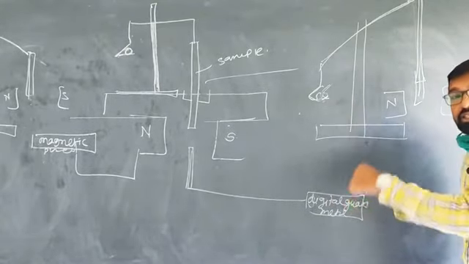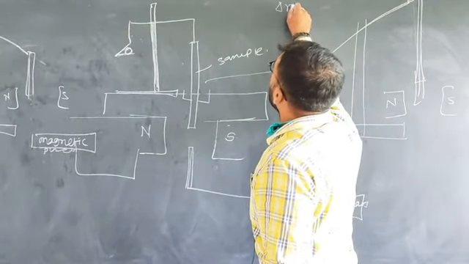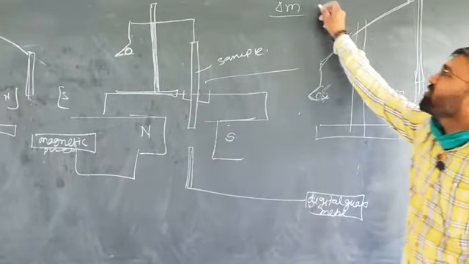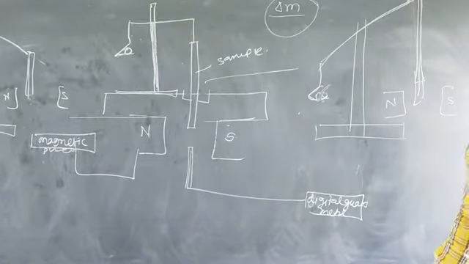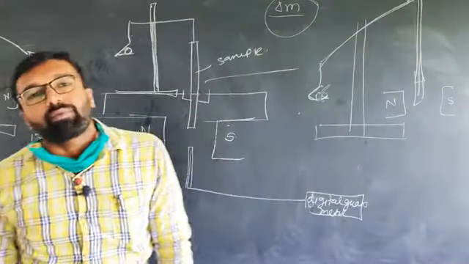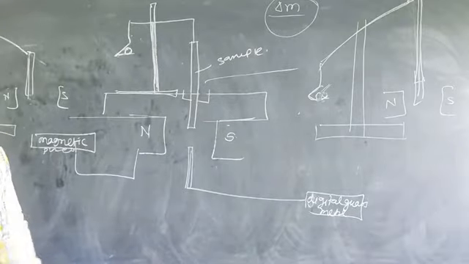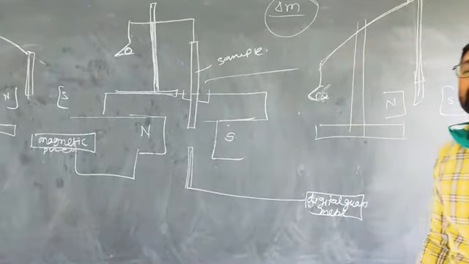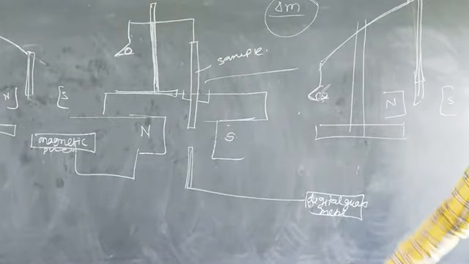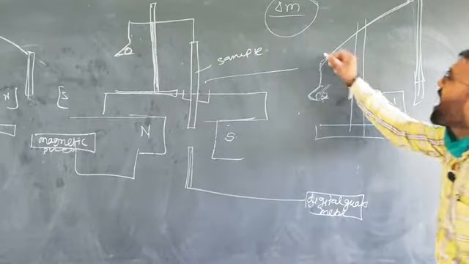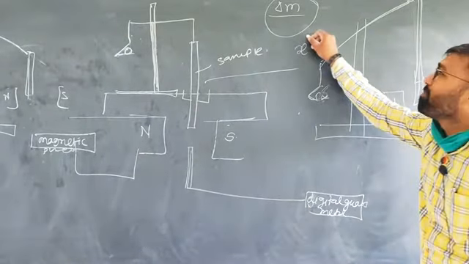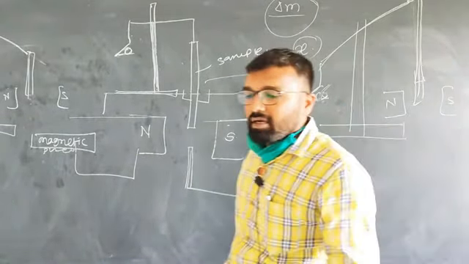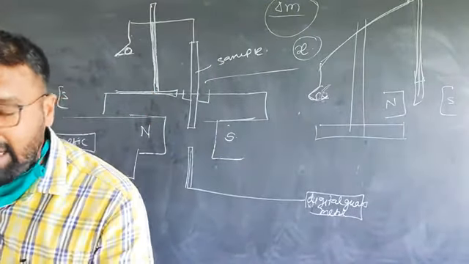That change in weight is considered as delta M. By using formulas, you can easily calculate the magnetic susceptibility, either volume susceptibility, gram susceptibility or molar susceptibility, as given in the manual. You can easily calculate chi, which means magnetic susceptibility. This is about the instrumentation, components and working of the magnetic susceptibility measurement.